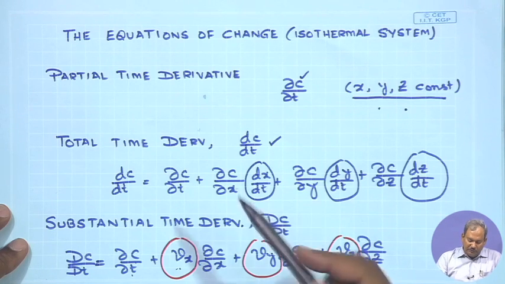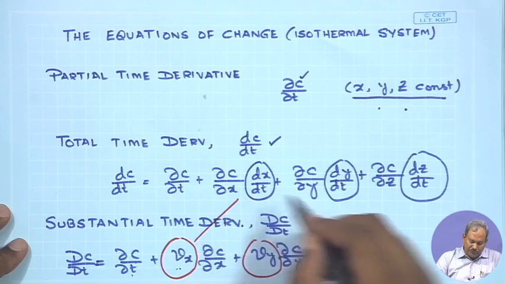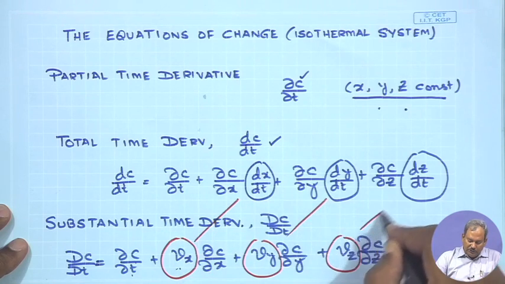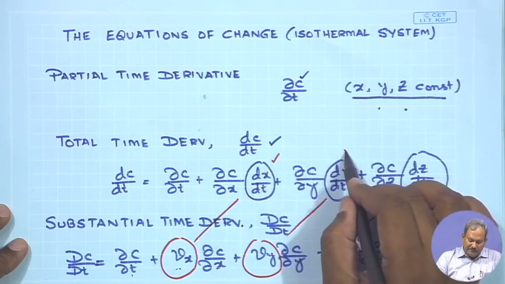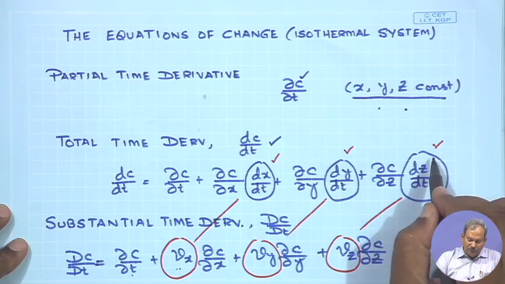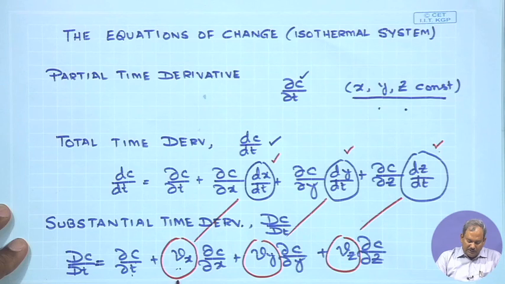So, mark the difference between these two. Those velocities are the ones you have decided to move with, whereas these velocities are those of the fluid surrounding you. So, you let go of yourself and float with the fluid, and the numbers that you count are now known as the substantial time derivative, or the derivative following the motion.